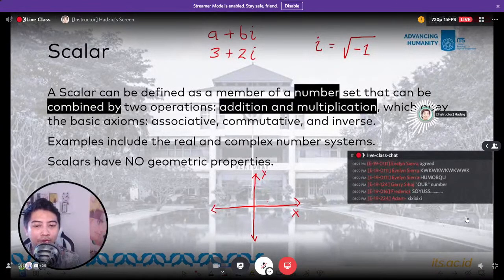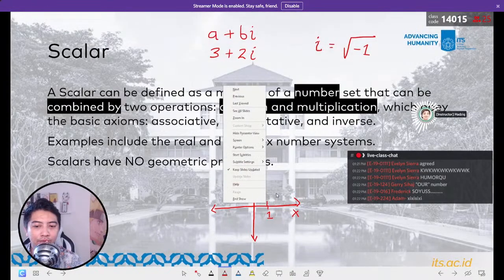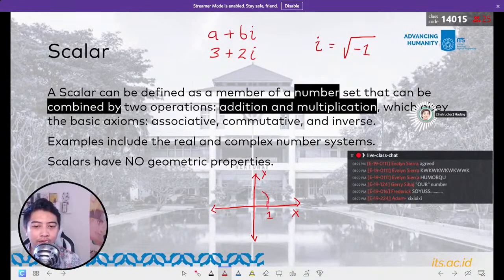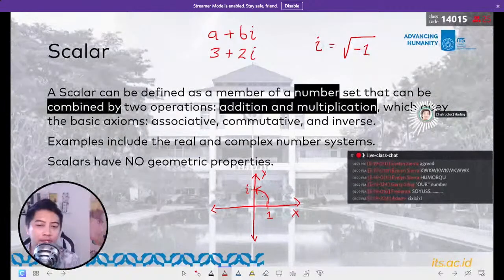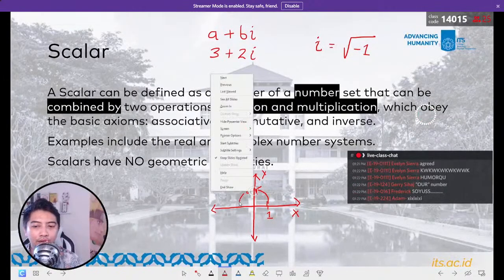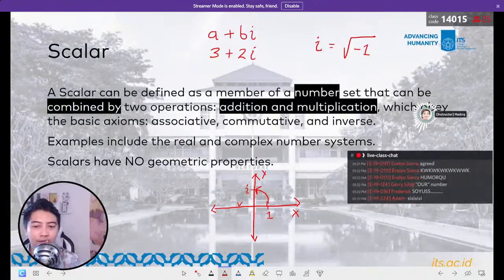So for example, if you start from this point, this is 1. You rotate 1/4, 90 degrees counterclockwise, and you will find this i. And when you rotate once again, you will arrive at -1.